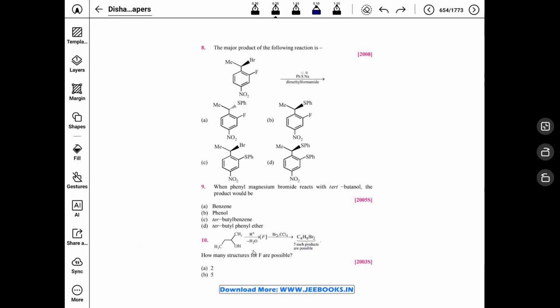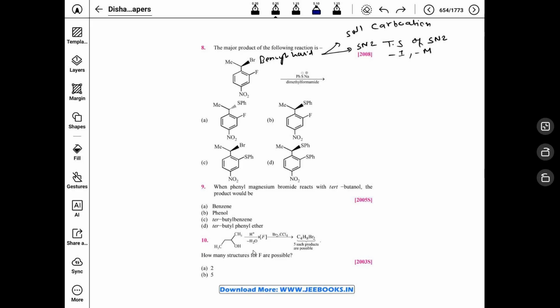The major product of the following reaction. So this is the benzyl halide, and we know that benzyl halide can show SN1 and SN2 reactions because it stabilizes the carbocation as well as the transition state of the SN2 reaction, because of the phenyl having -I effect and -M effect as well.